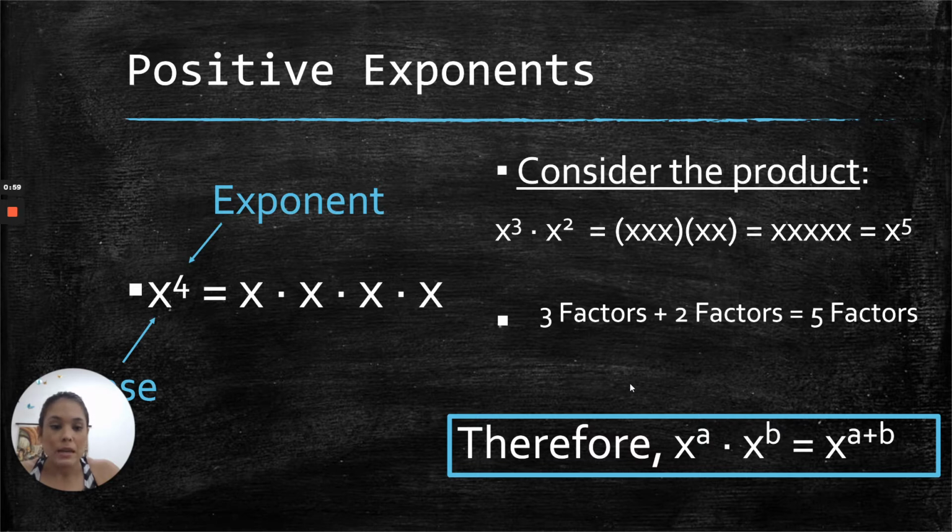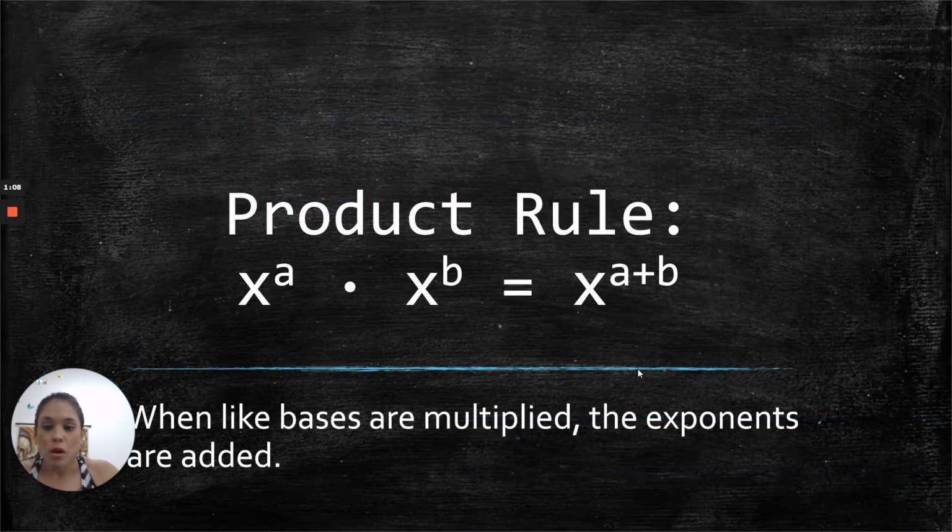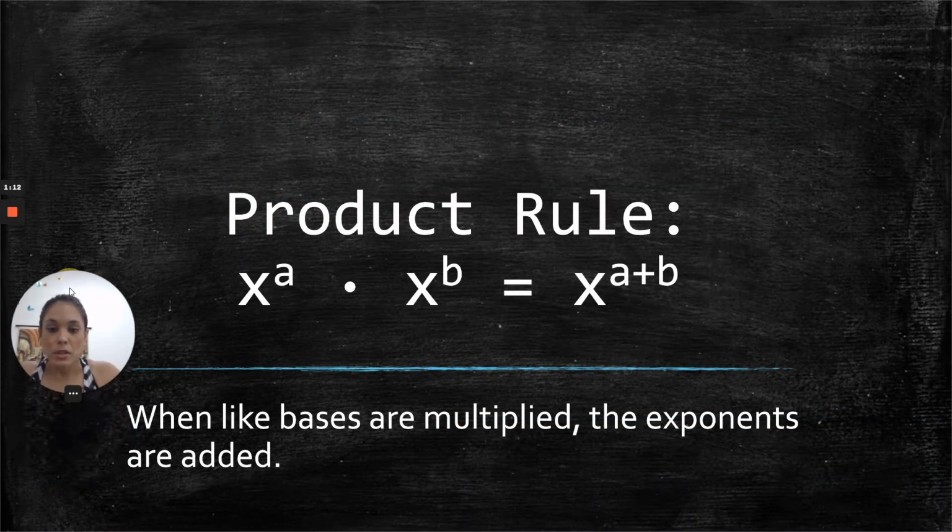Therefore, in any circumstance, when the bases are the same, you are going to add the exponents. This is called the product rule. When bases are the same, you add the exponents. Okay? So these bases are being multiplied, and then you add the exponents.